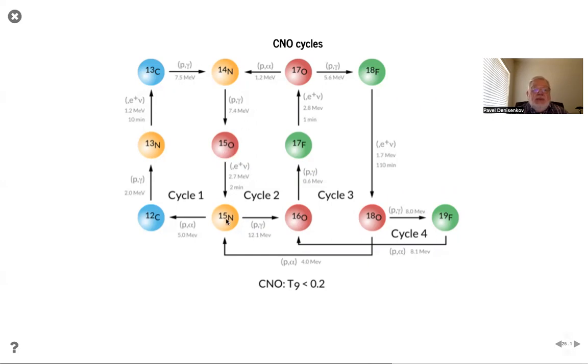This first cycle is closed when nitrogen-15 captures a proton and releases an alpha particle, making carbon-12 again. The second cycle involves stable oxygen-16 nuclei, and this is the third cycle. There is also a fourth cycle. You can have a look at these cycles in detail later.